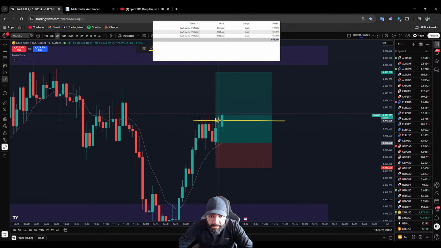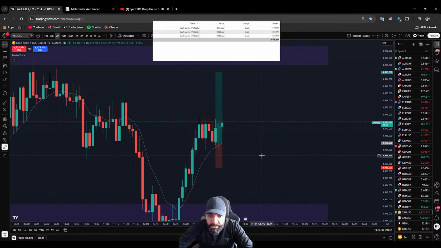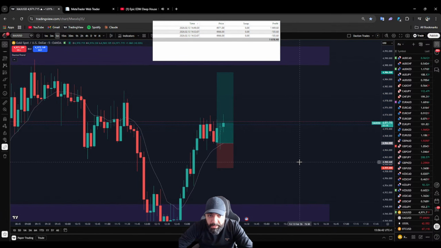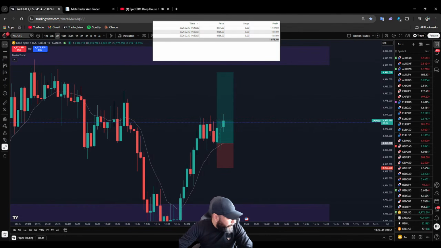Moved here with this candle. I moved the stop loss to the entry, then the price touched my break-even point, and price is continuing going up now. So this was my previous trade. So now we wait for a new trade.